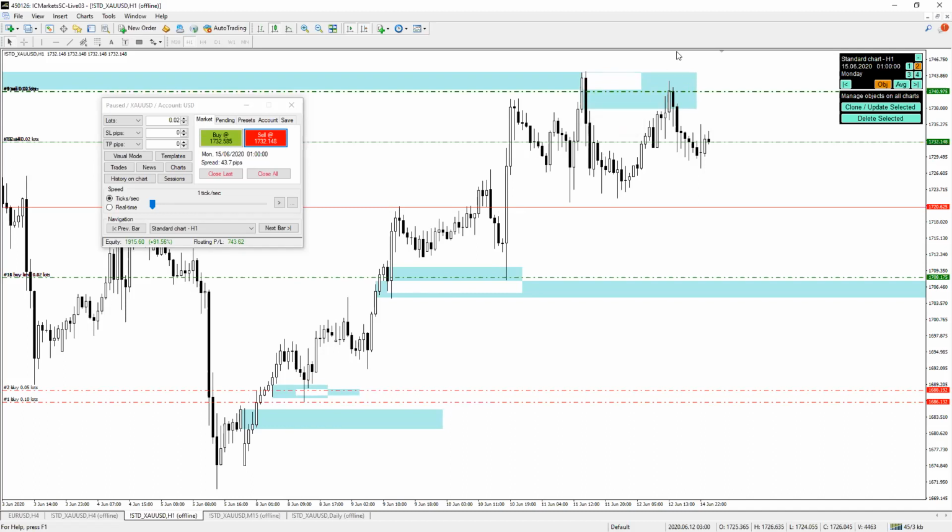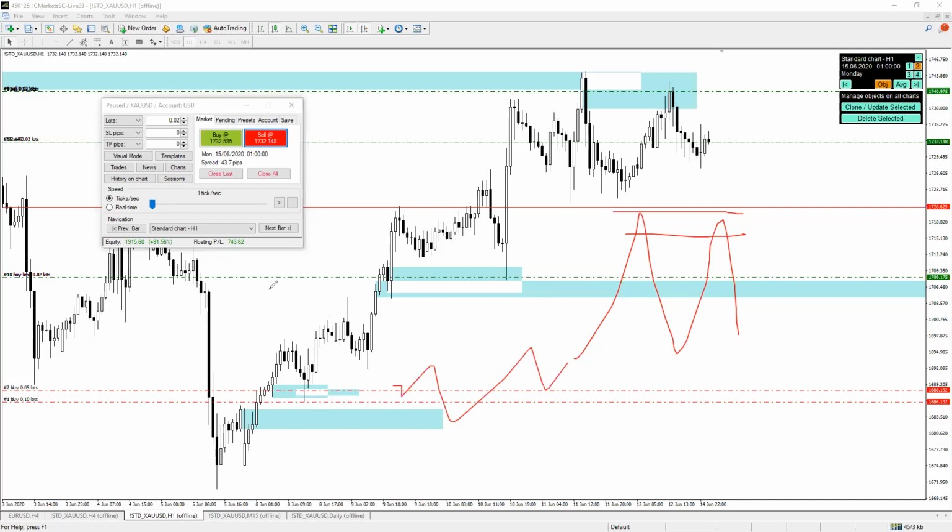Remember how we were saying price does something like this, and then we see we have a zone here. So since we had structure from long time ago, price needs to create new structure, and then that structure needs to be respected for price to drop.